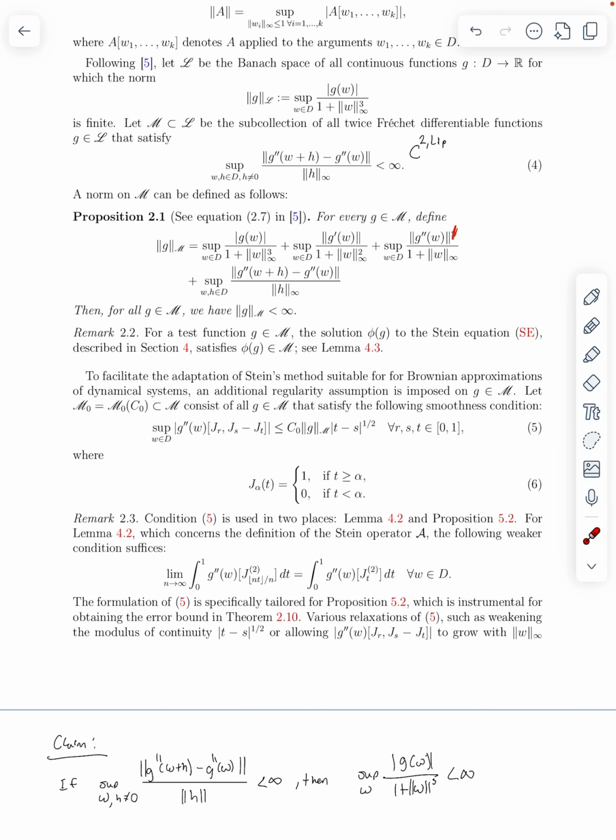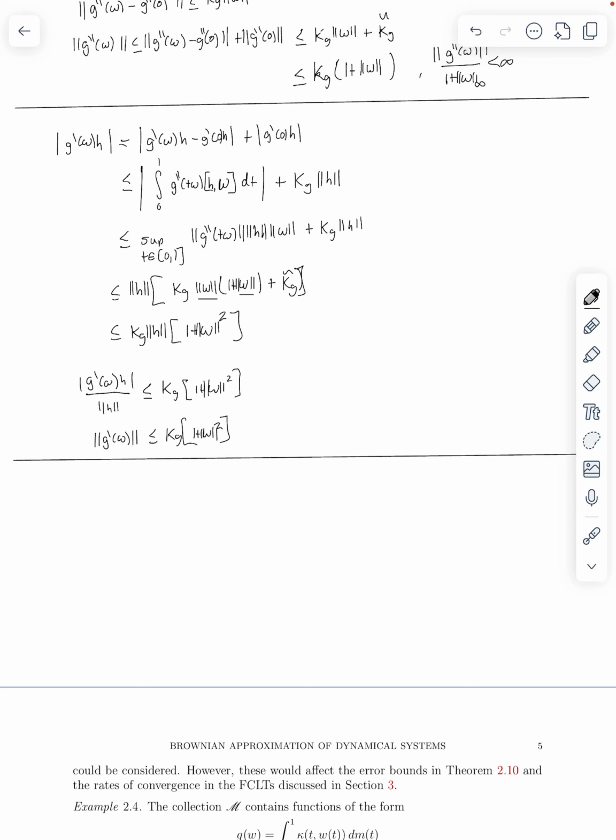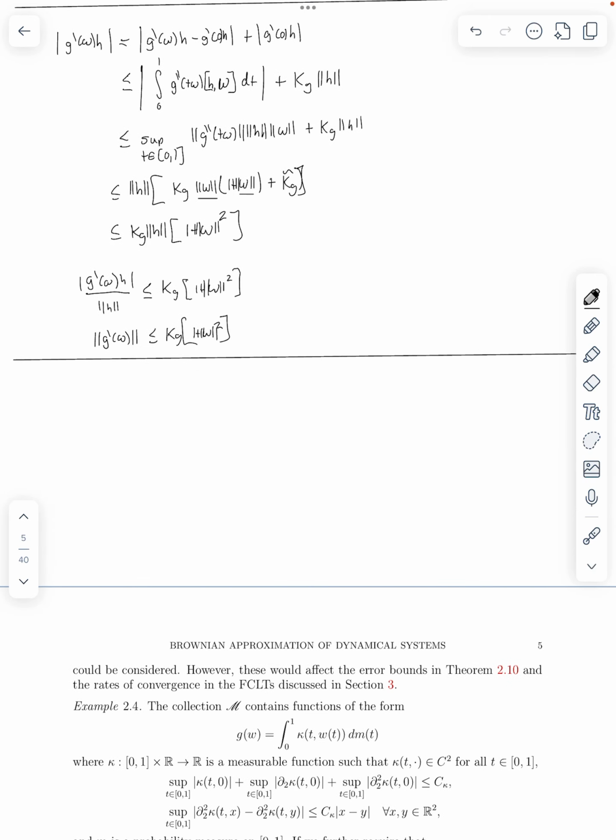And now you can probably see the pattern as to how we get this in the final analysis, but let's just do it. So G of W is less than or equal to G of W minus G of 0 plus G of 0.